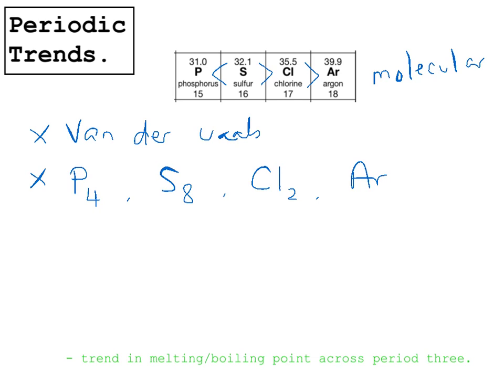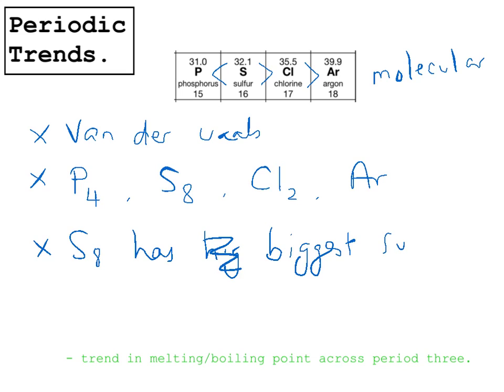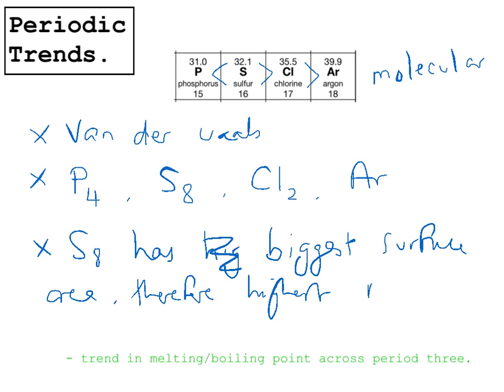So you can see that sulfur will have the biggest surface area, followed by phosphorus, followed by chlorine, followed by argon, which is precisely the order in which the melting points are in this series. So S8 has the highest, or rather biggest, surface area, and therefore highest melting point.